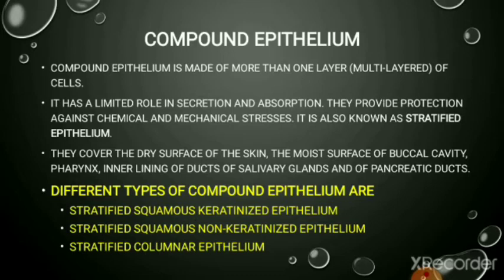So the stratified squamous epithelial tissue in which keratin is present is called the stratified squamous keratinized epithelial tissue, and the kind of compound epithelial tissue in which keratin protein is absent is called the stratified squamous non-keratinized epithelial tissue. While in compound epithelial tissue, when cells are arranged in many layers and the cells are columnar in shape, it is called the stratified columnar epithelial tissue.